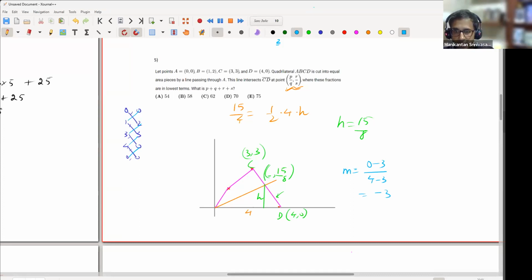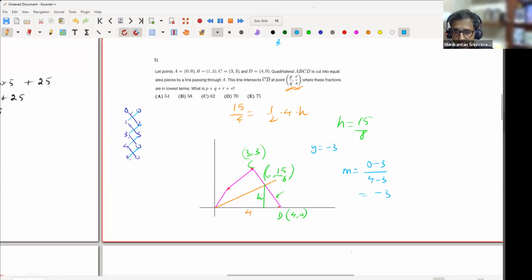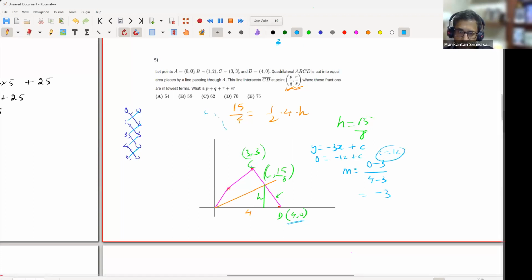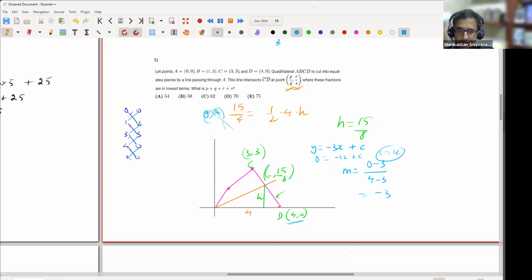That's the slope. So the equation of this line becomes y equal to minus 3x plus c. Like in the previous problem, we can substitute D because it's 4, 0. So 0 equal to minus 12 plus c, which means c is 12. Which means this line, if you go up way out here, is going to intersect at 0, 12. That's where it's cutting the y-axis.